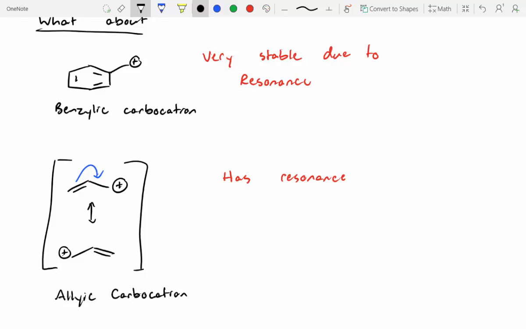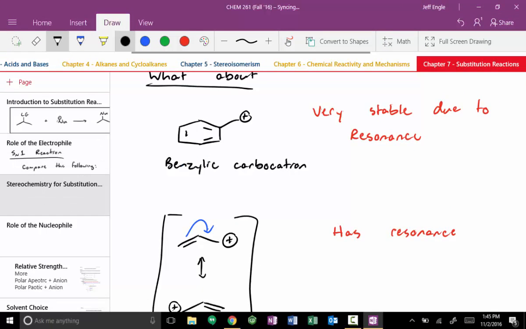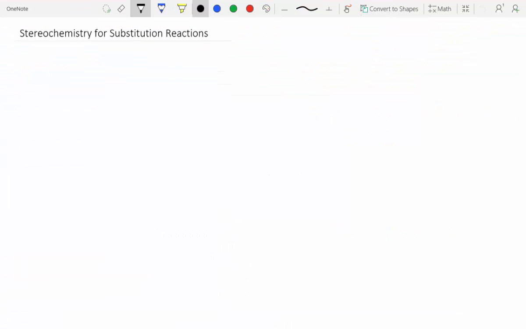All right. Now we've got another thing to consider, and that's stereochemistry. In chapter 5, we talked a lot about stereochemistry, the handedness of molecules. This comes back again. So let's consider option number 1 here.